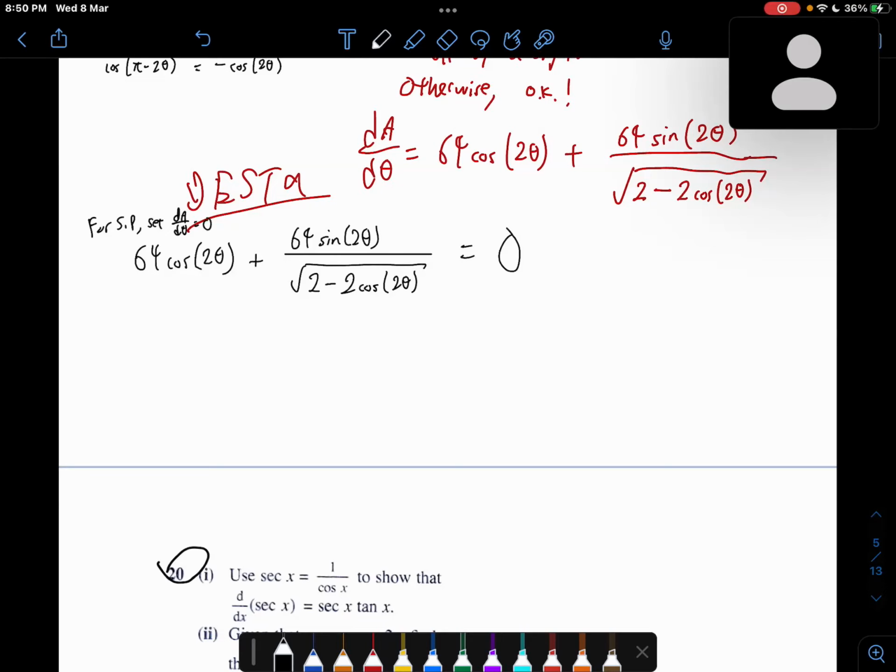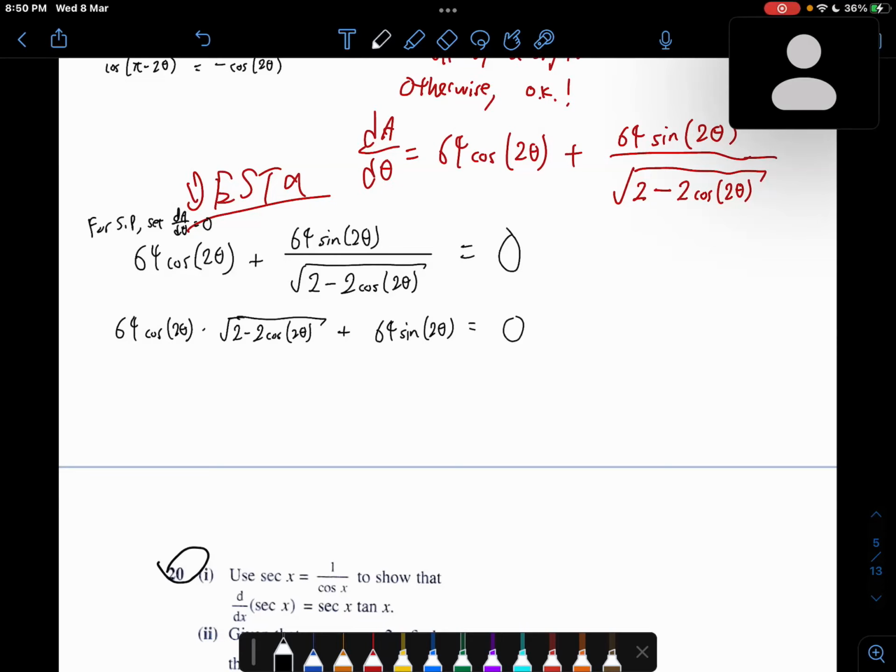This means that you need to solve the equation. The moment I see a fraction, I will want to multiply throughout by the denominator. So what will I end up with? 64 cosine 2 theta times square root of 2 minus 2 cosine 2 theta plus 64 sine 2 theta equals 0.